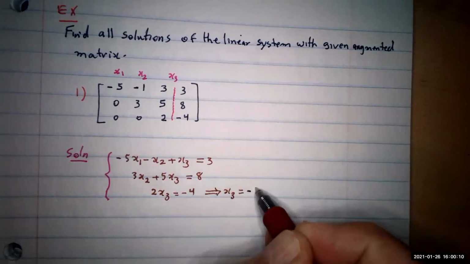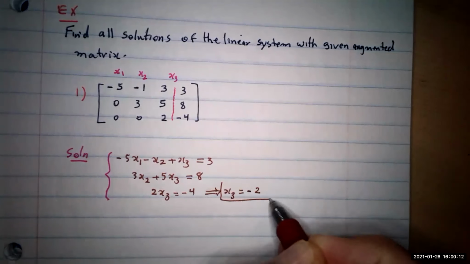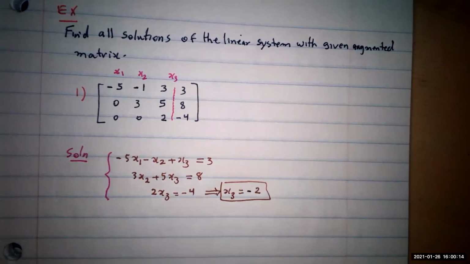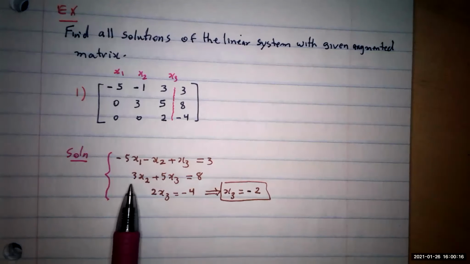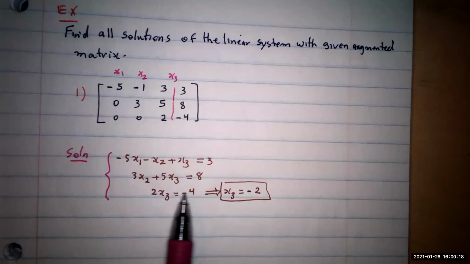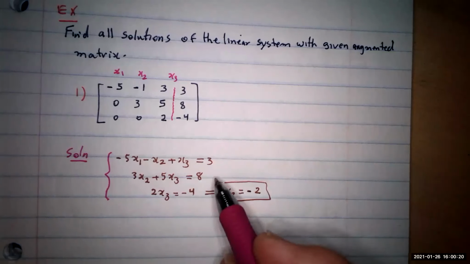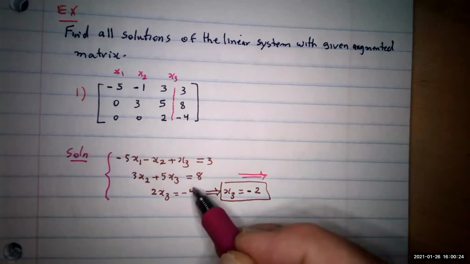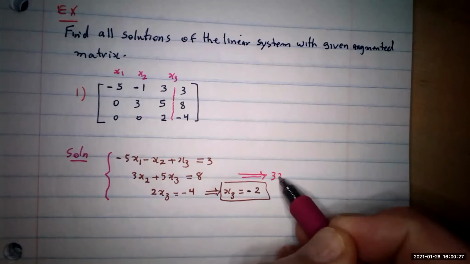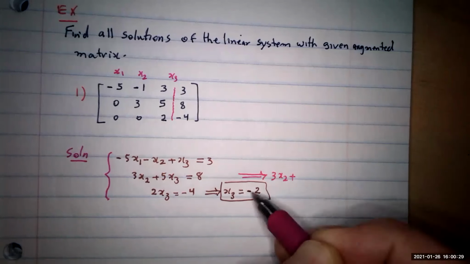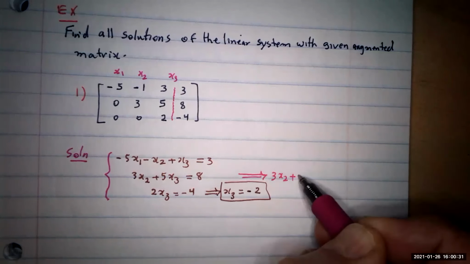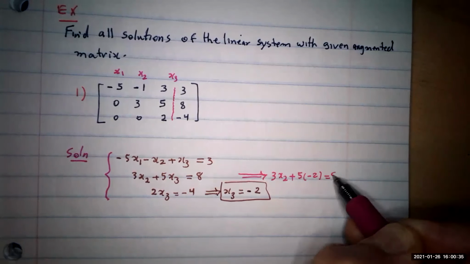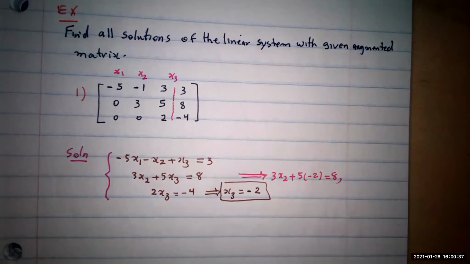What we can do is put this -2 into this equation. We go from this part, and that gives us 3x2 plus 5 times x3, which is 5 times -2, equal to 8. So we can solve for x2.